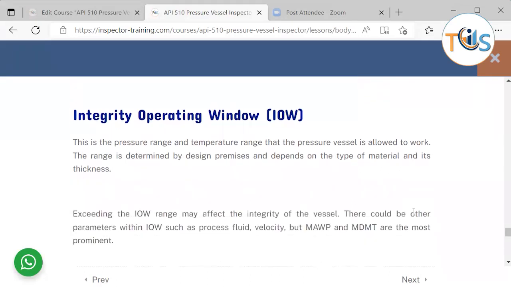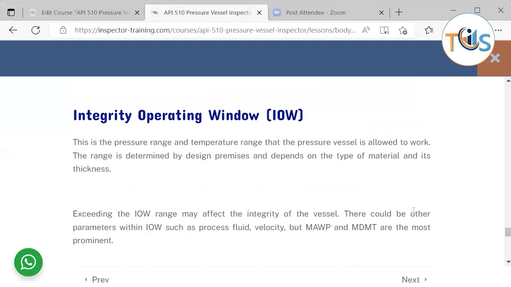So the integrity operating window is the range that the vessel can work in. It's like when you buy a car and it says it can go so much speed and that sort of thing. So there is a range, and a vessel should operate within a certain range. It's designed for that range. The design input and output is based on that range.